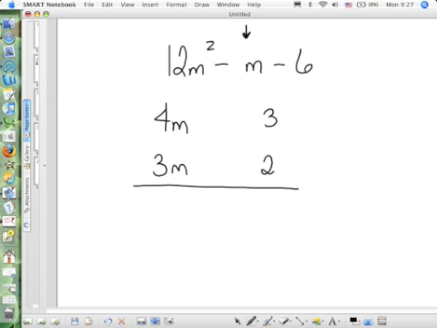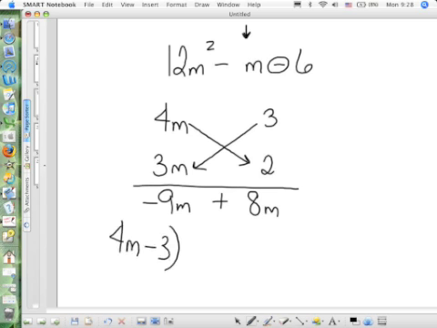When I cross multiply here, I've got 8m. When I cross multiply here, I've got 9m. Now I need these two terms to subtract to give me 1. Well, they do. But I want to get -1. How would that happen? So my first group has the minus sign, and my second group has the plus sign.